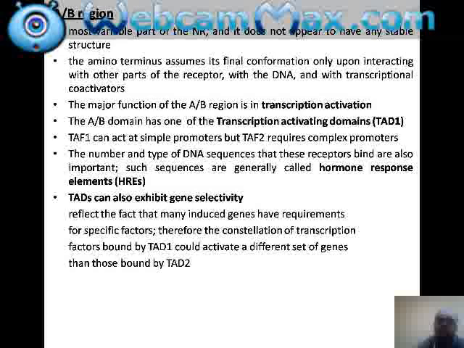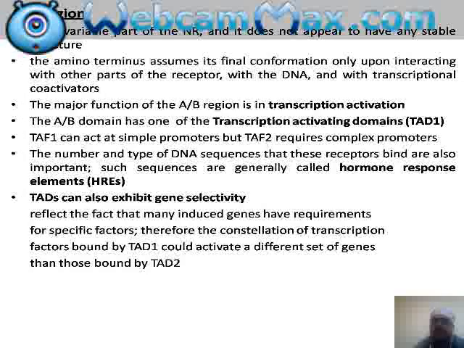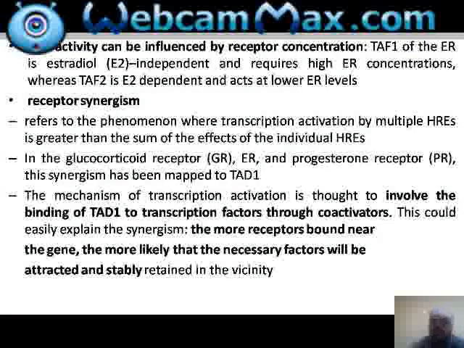And the next important part is the receptor synergism, which we have seen in the next slide. So here it is all about receptor synergism, in which we talked about how transcription factors binding to multiple HREs, hormone responsive elements, have a greater effect than an individual HRE.